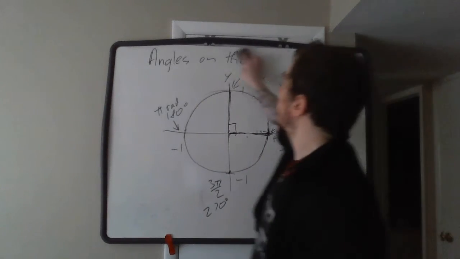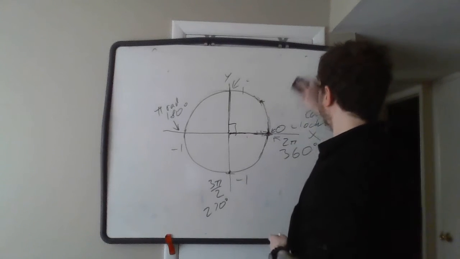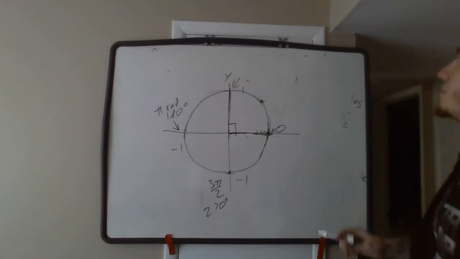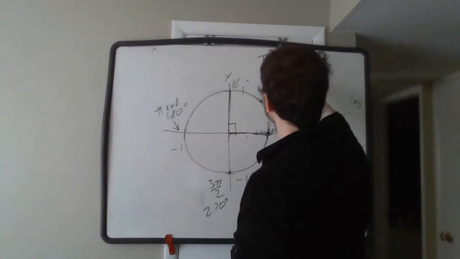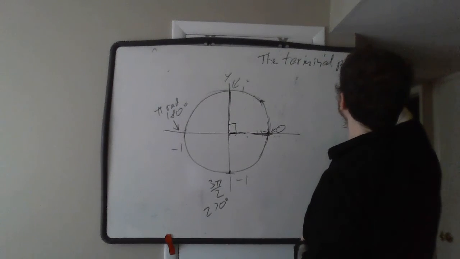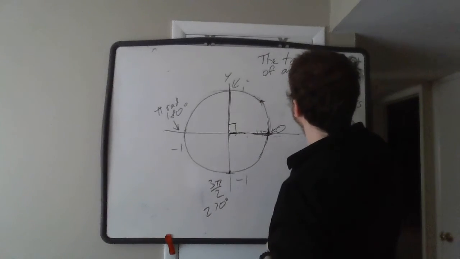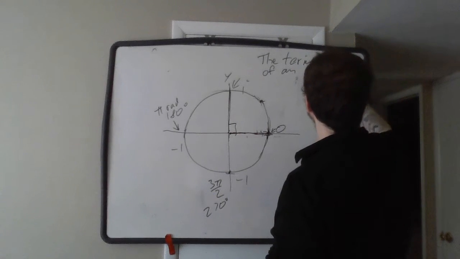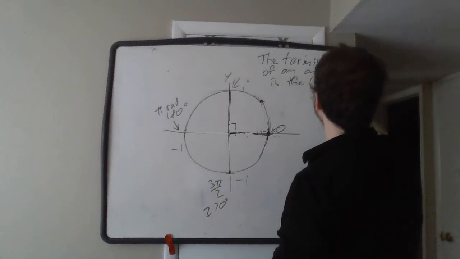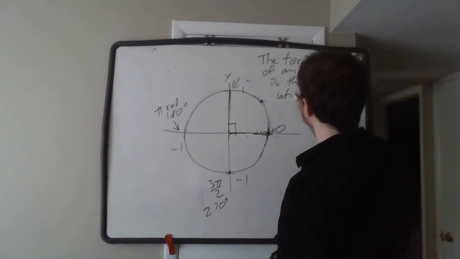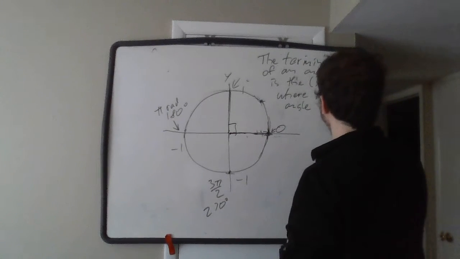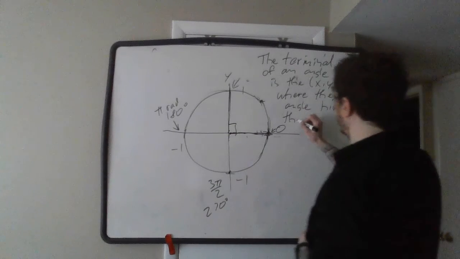And in order to talk precisely about what we mean, we need to define something called the terminal point. The terminal point of an angle theta is the xy coordinates where the angle hits the unit circle.